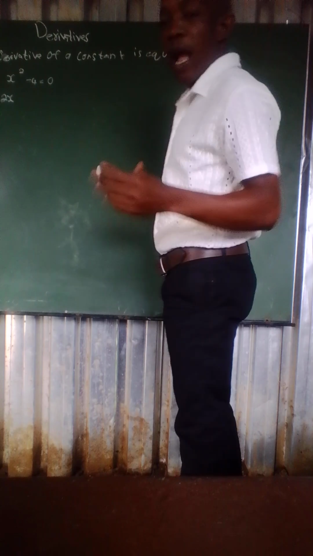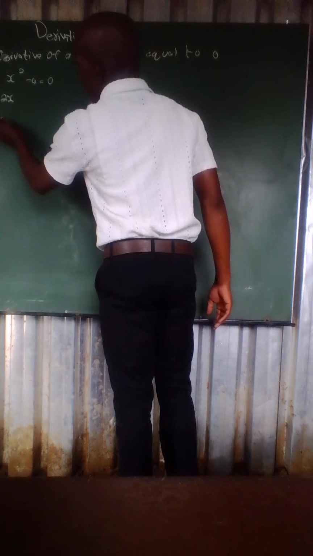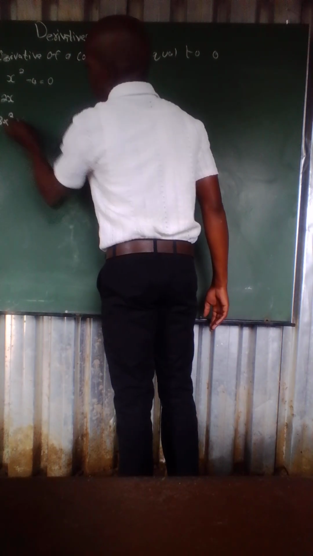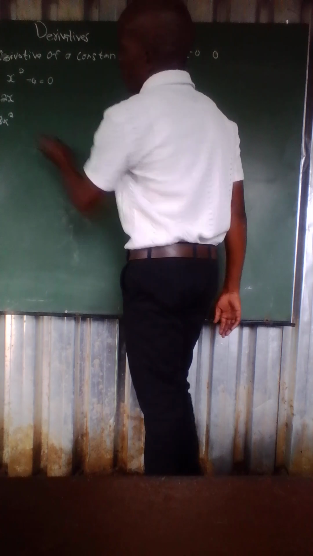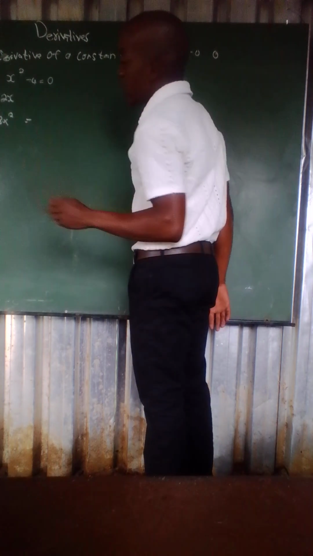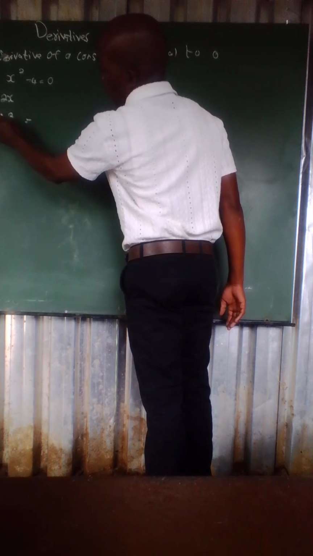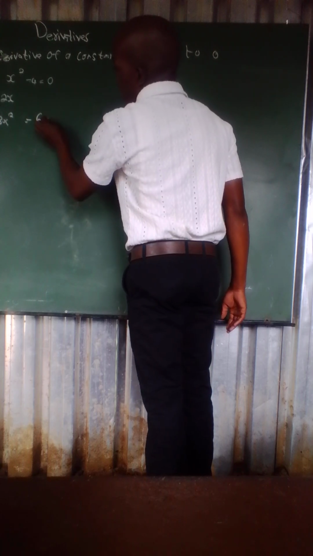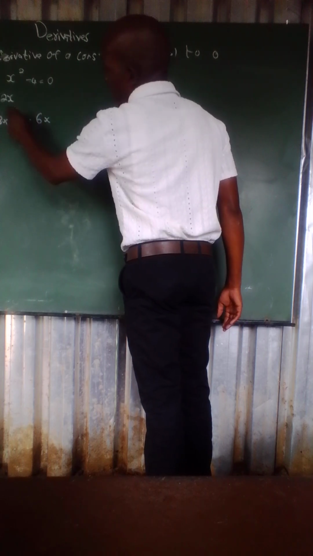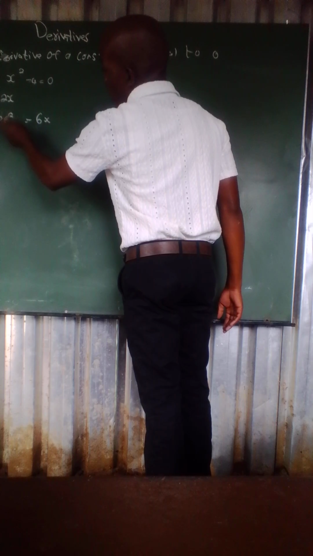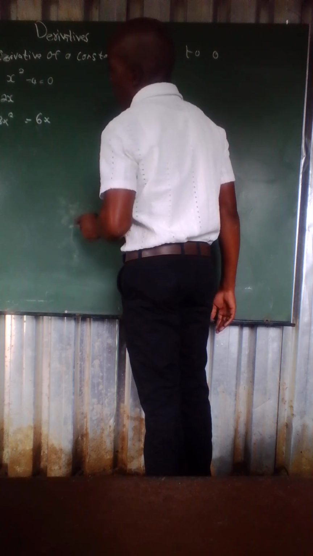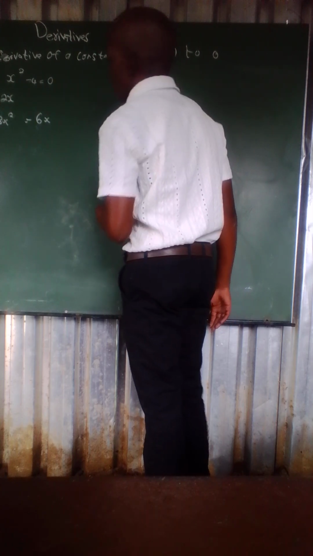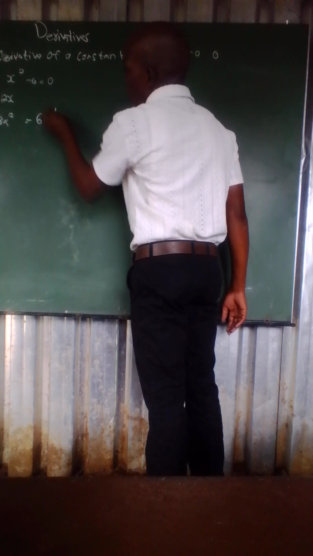Okay, this is dy over dx of x squared minus 4. Now, if you have been given 3x squared, and they say find the derivative of 3x squared, the first step you take, you say 2 times 3, then you have 6x, and then you use your exponent: 2 minus 1, then you are left with 1.